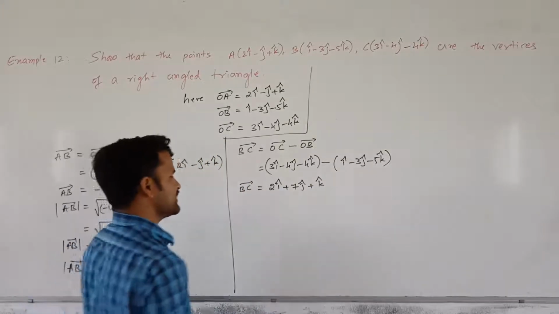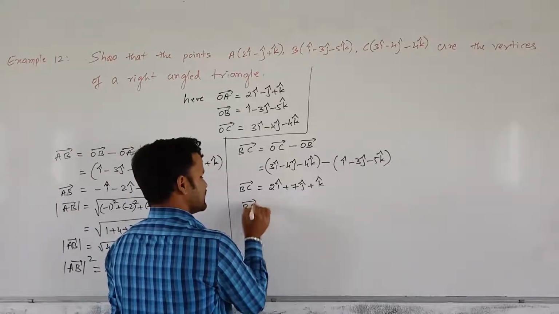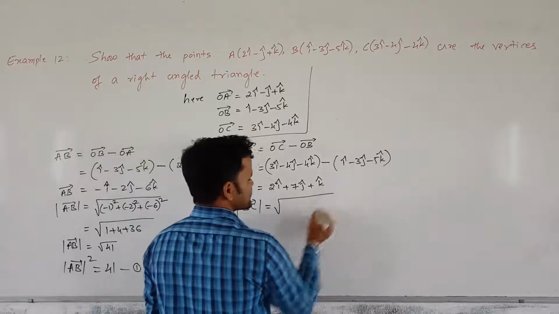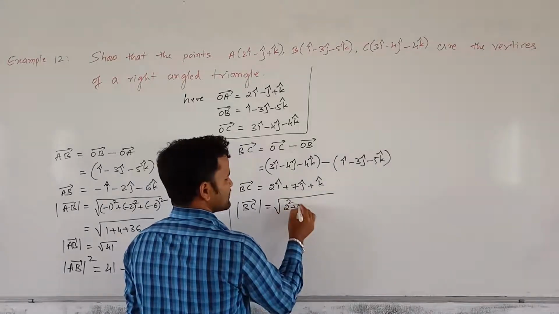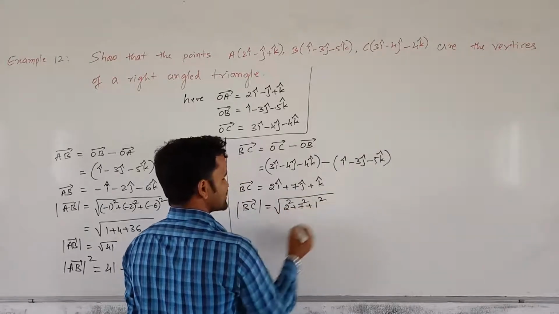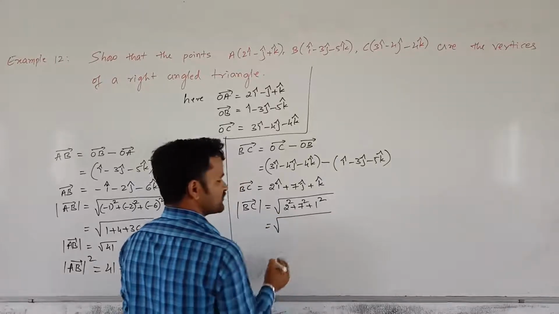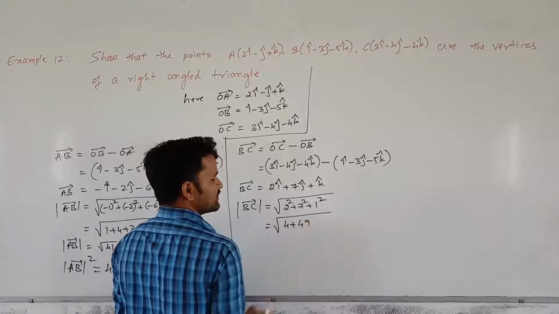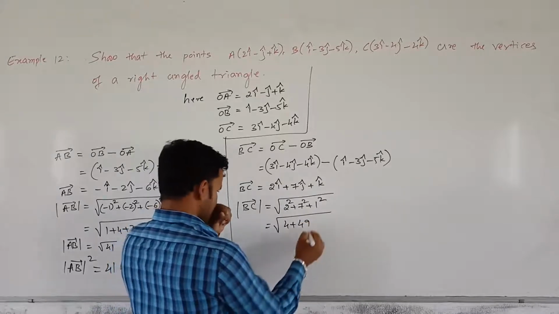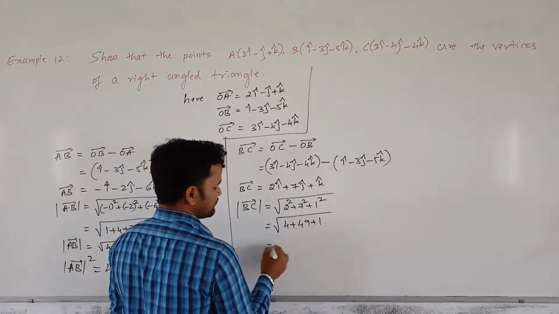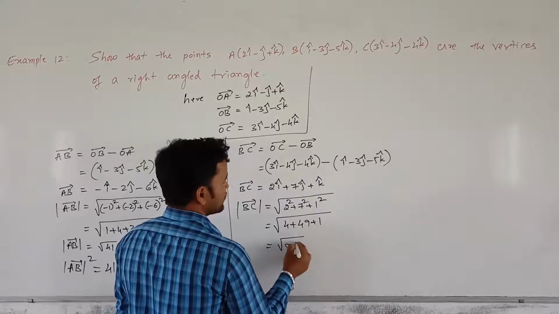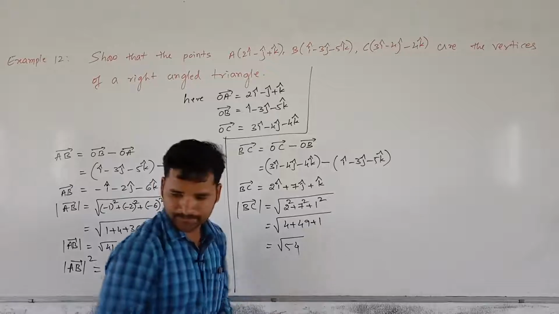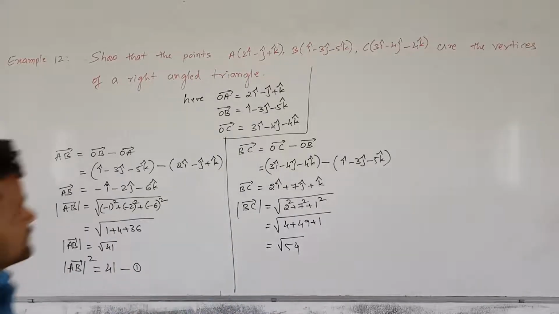Now let me find the length of this vector BC, which is nothing but its magnitude. Square root of 2 square plus 7 square plus 1 square. 2 square is 4, 7 square is 49, plus 1, we got the square root of 54. Sorry, we went wrong here. I will correct it here itself.